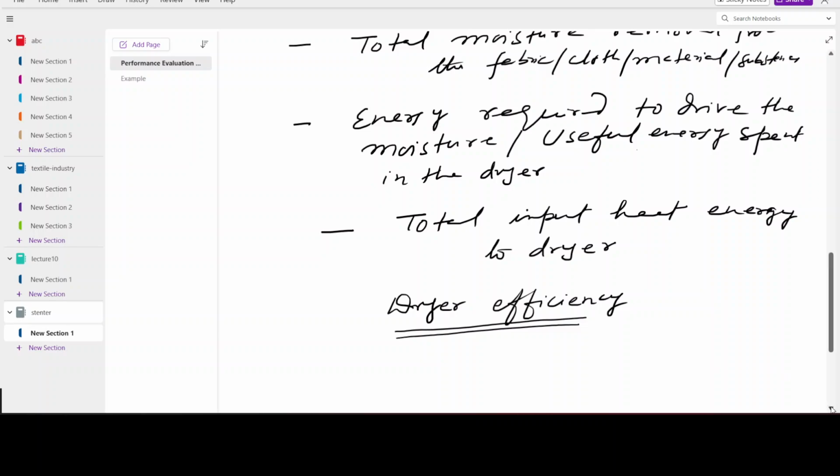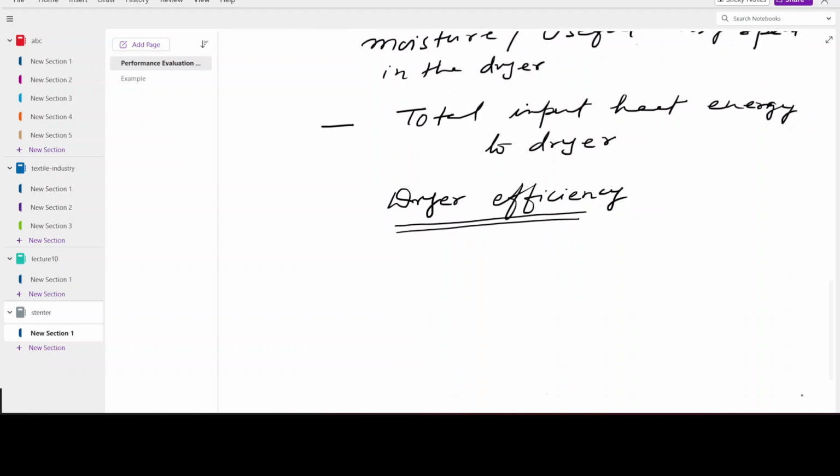Now we are going to elaborate dryer efficiency.